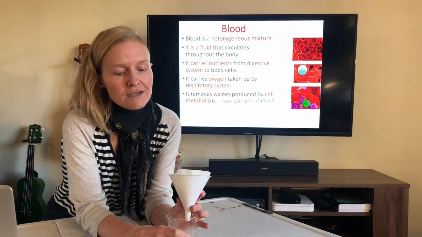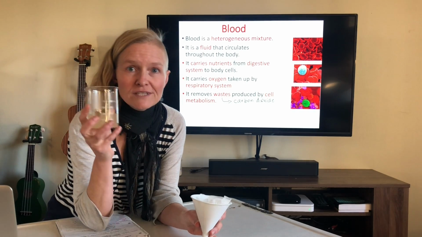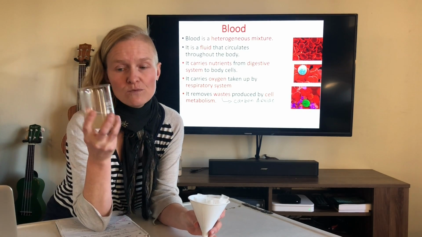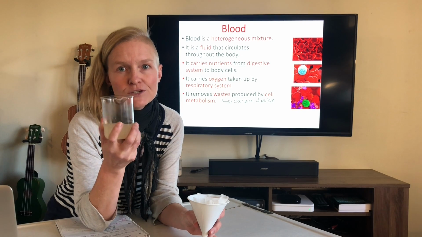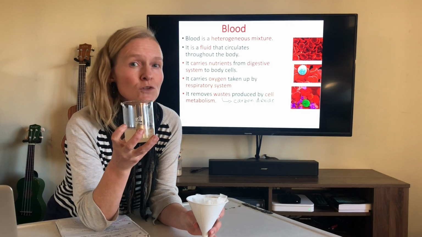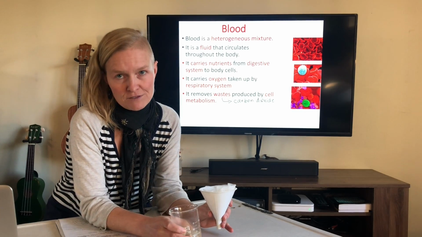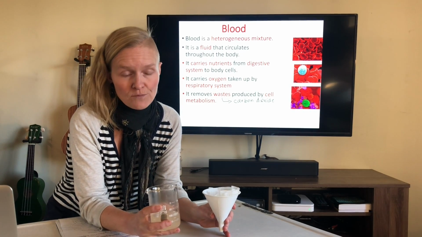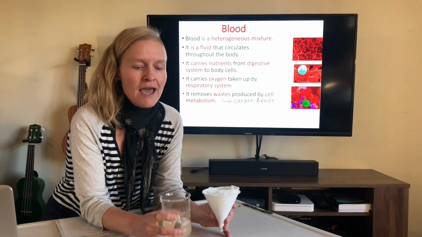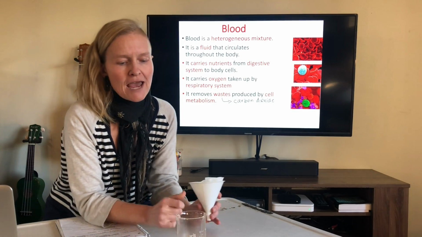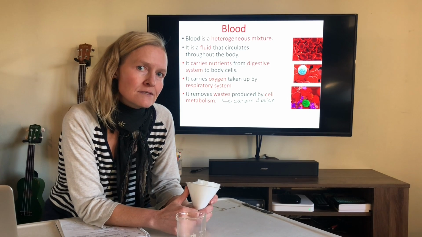However, we know that the salt dissolved into the water, and so we have to separate the salt from the water in a different way. And so one of your homework assignments this week is actually to do this demonstration that I just did. And then we're just going to sit and wait and see what happens.